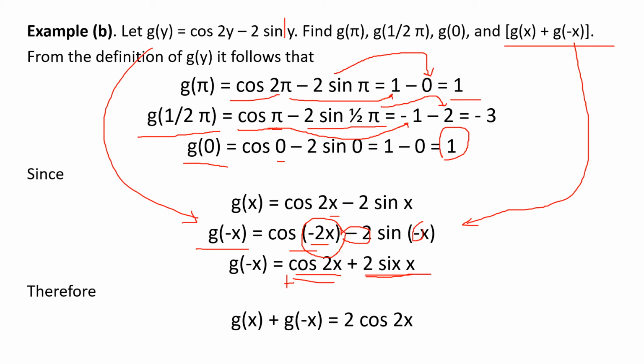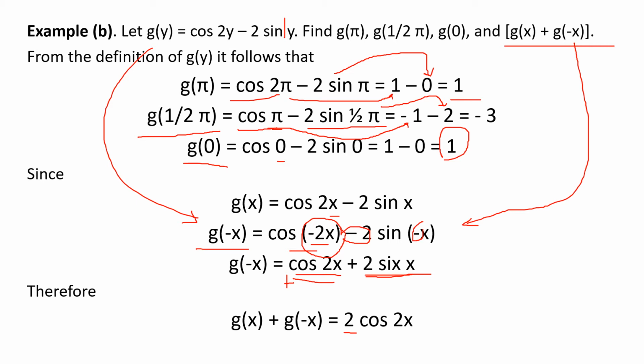So therefore, if we combine this one, g of x plus g of negative x, since both g of x and g of negative x have cosine 2x, we combine this by simply using 2 here because there are 2 cosine 2x. That's why it's 2 cosine 2x.